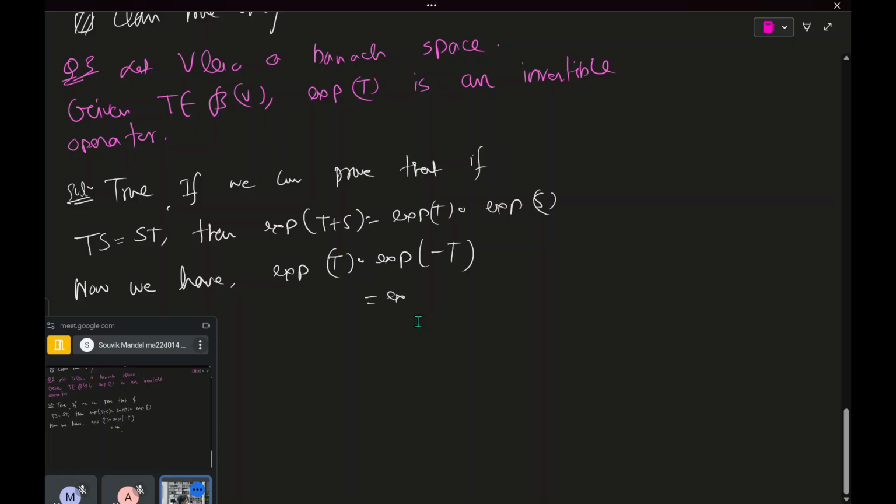So this tells us that exponential of T is an invertible operator.